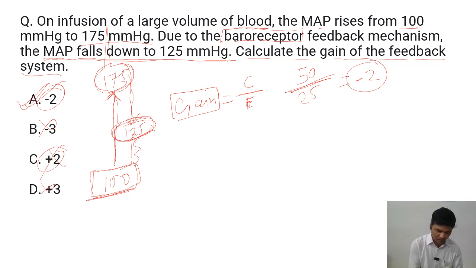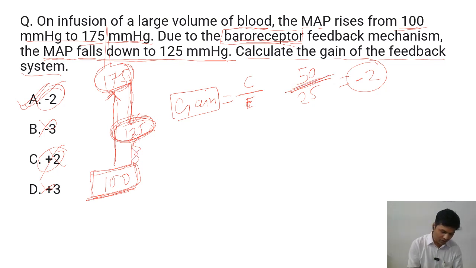So here, the first thing we should know: initially 100 was there, from 100 it reached 175. This is abnormal. Then, through the baroreceptor feedback mechanism, negative feedback works and it reaches 125 millimeter of mercury, meaning a correction of 50 millimeter of mercury is done, but not complete correction. So the correction is 50 and some error remains.